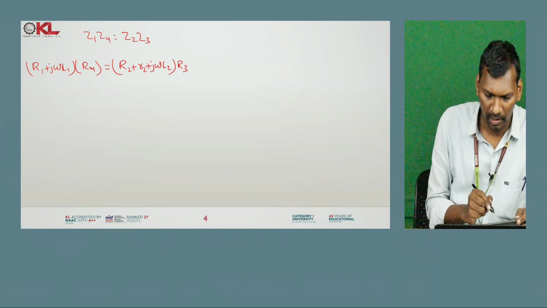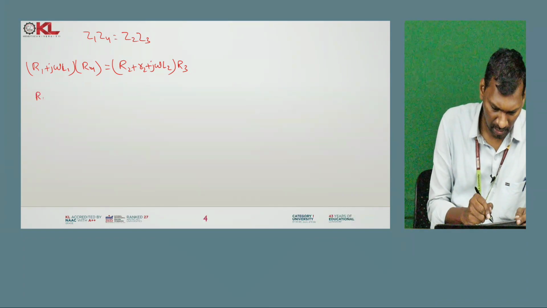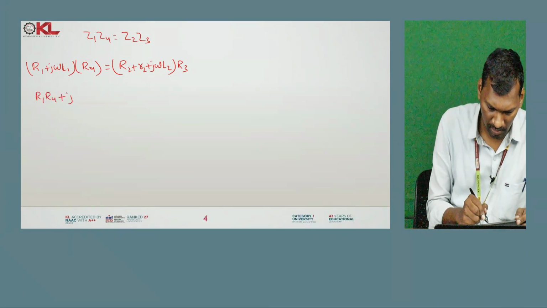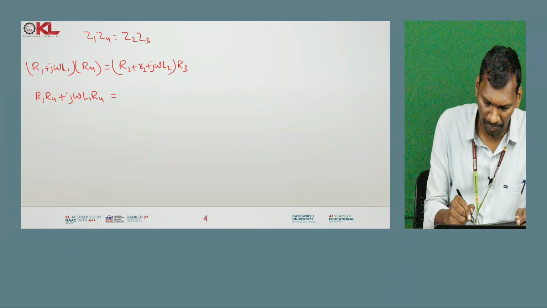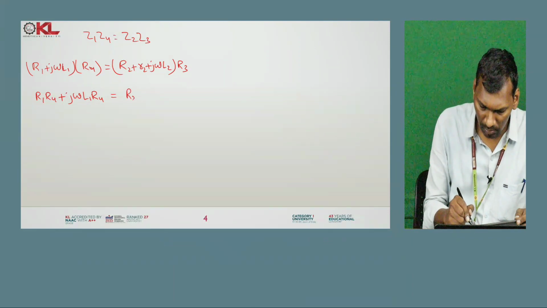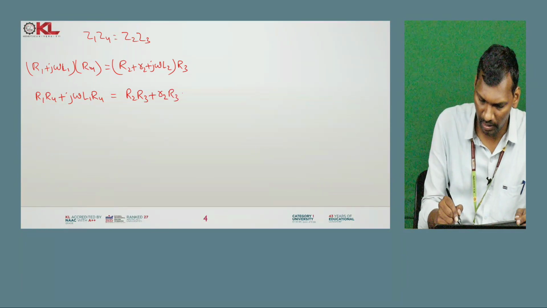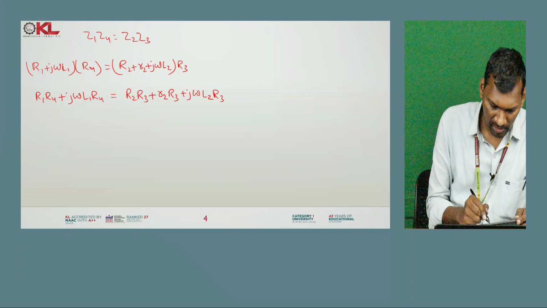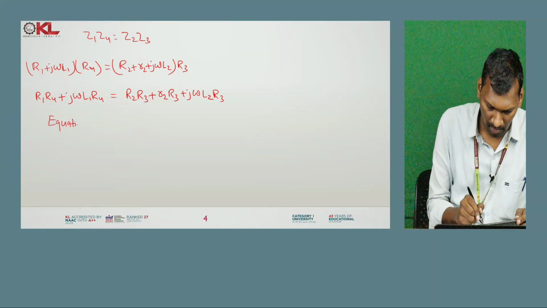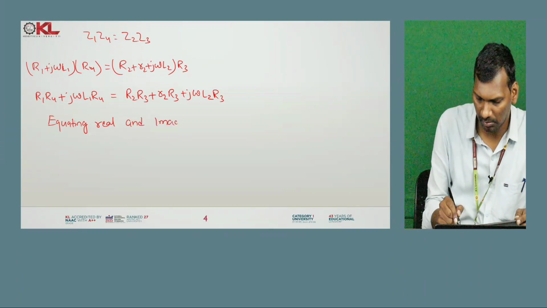Now multiply all these things and separate the real parts and imaginary parts. So we are getting R1 R4 plus j omega L1 R4, which is equal to R2 R3 plus small r2 R3 plus j omega L2 R3. Now equating the real and imaginary parts.